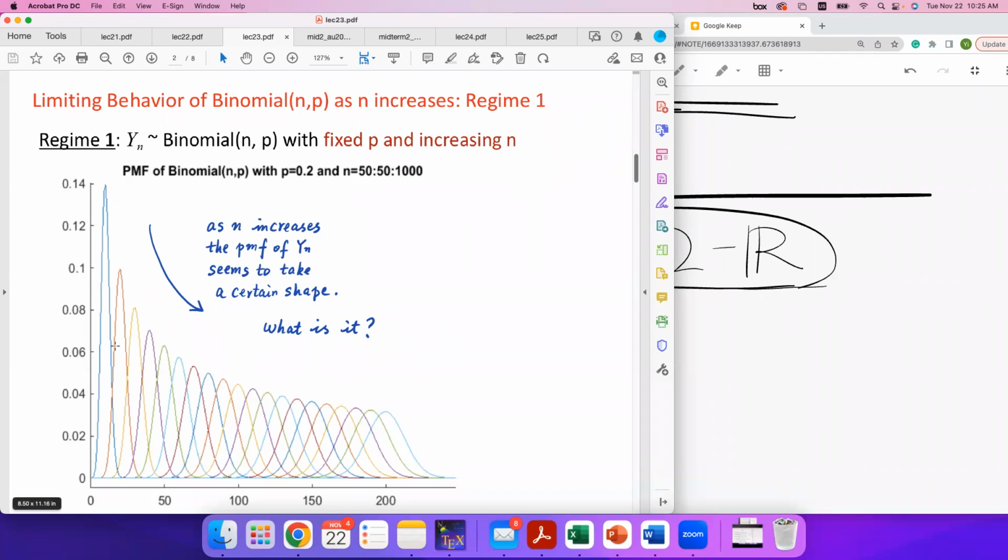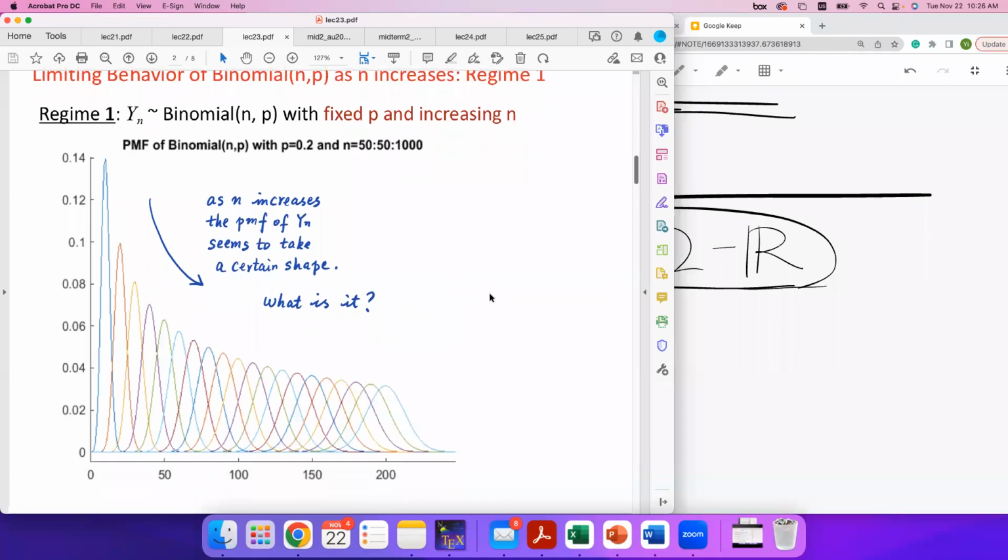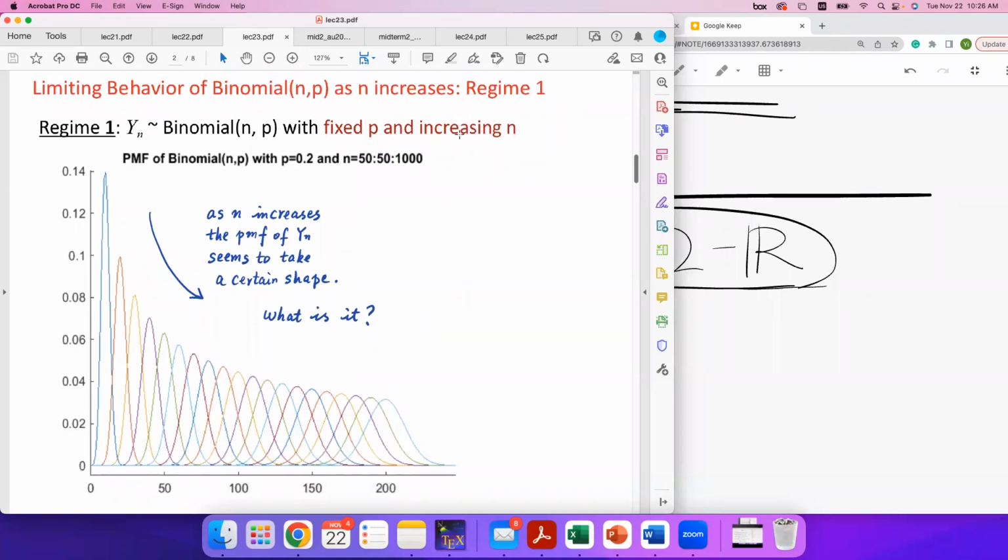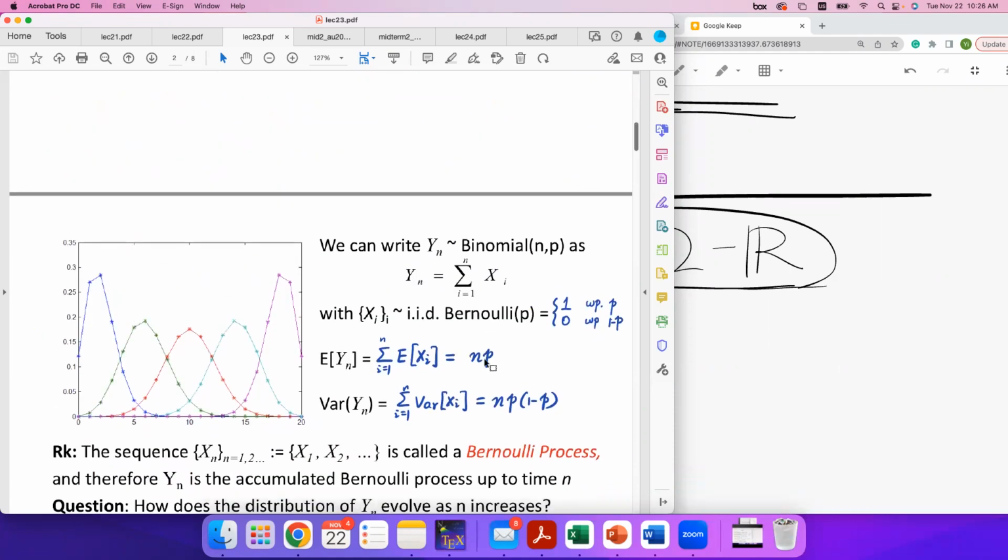And we can see that as n increases, in the end, the PMF looks pretty much like Gaussians. And they are more and more continuous because we are performing more and more experiments. You can see that as n increases, the mean will increase because the mean is np, right?